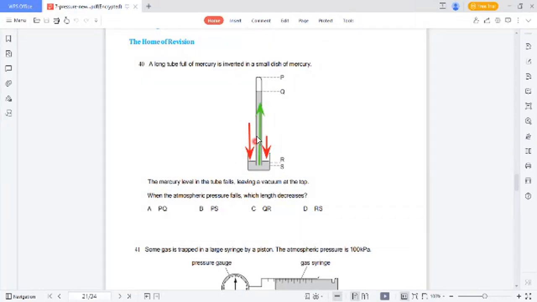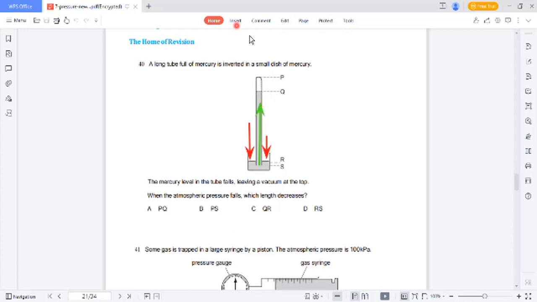Atmospheric pressure acts here and the liquid is pushed, and here is an open end, so the liquid moves upward. If you increase atmospheric pressure, this liquid moves up, up, up. If you decrease it, the liquid is pushed with less force, the pressure would be small, so a small amount of liquid will go here and it will not reach till here, it will reach till here.